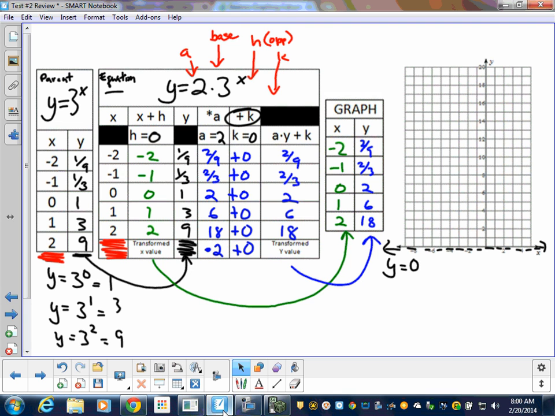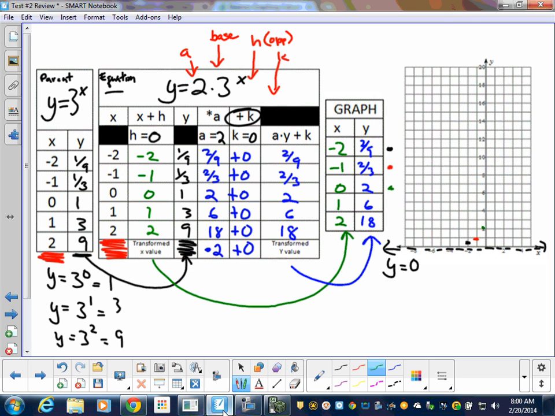Now, the last thing is, look, this point right here, this -2 and 2/9. So here's -2 and 2/9. I get down that close to it. Then this point right here, -1, 2/3, is going to be a little bit higher. Here is 0, 2.